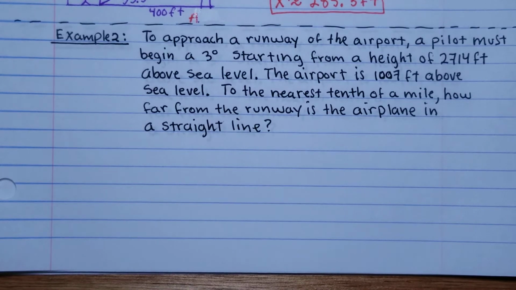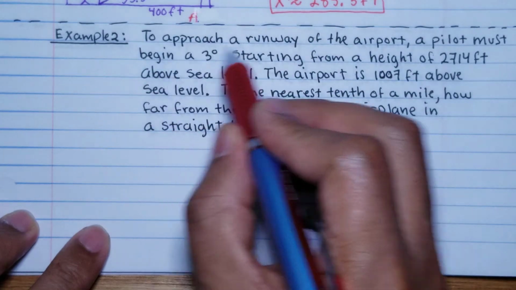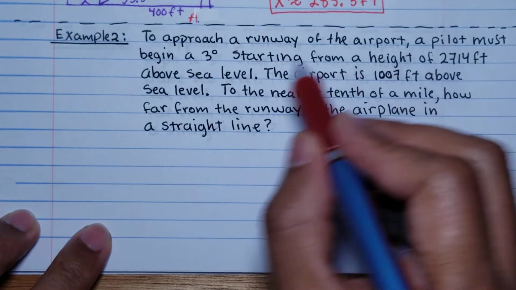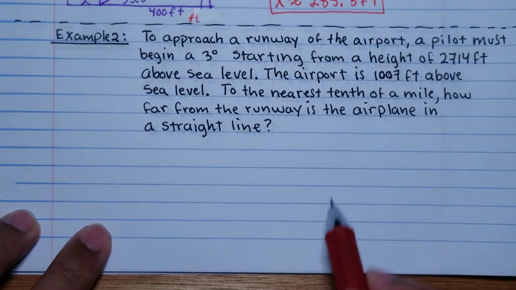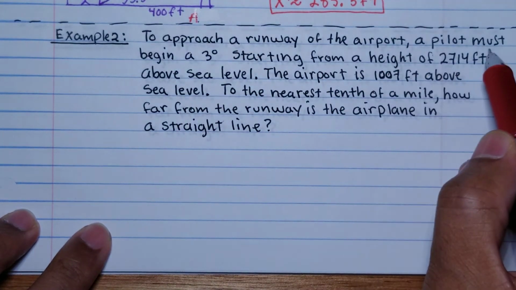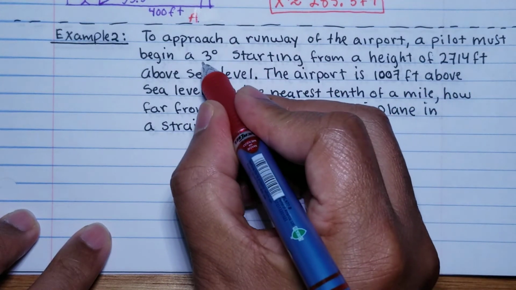Okay, so now that you have this written down in your paper, let's see. Again, we have a bunch of words, and we need to get the important information out of all of these words here. So to approach a runway of the airport, a pilot must begin at a 3-degree angle. Okay, so that's going to be important.